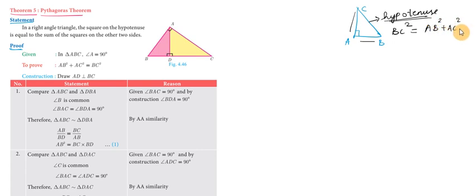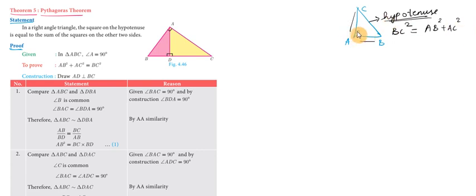This is your statement. Okay, so we are going to prove that BC square is equal to AB square plus AC square, and we know that it is a right angle triangle.